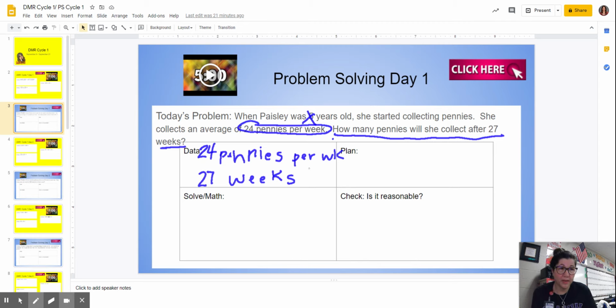So we could add 24 pennies, 27 times, but the easiest way to do this is repeated addition or multiplication. So our plan is to multiply.